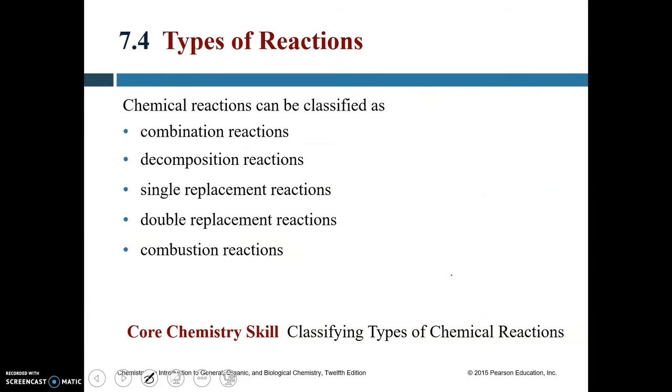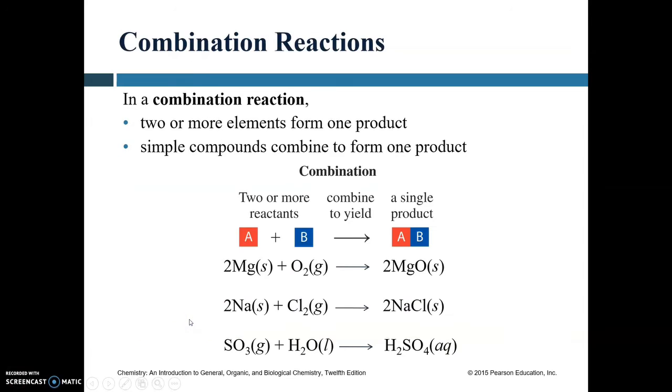Now chemical reactions can be classified in 5 different categories: combination, decomposition, single replacement, double replacement, or combustion. So what happens in the combination reaction? In the combination reaction, 2 or more elements, we're going to be talking about 2 mostly, form one product, or simpler compounds combine to form a more complex product.